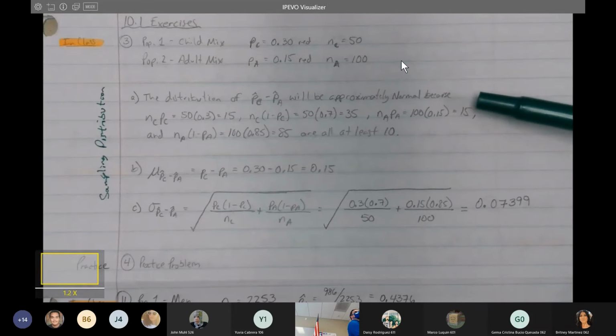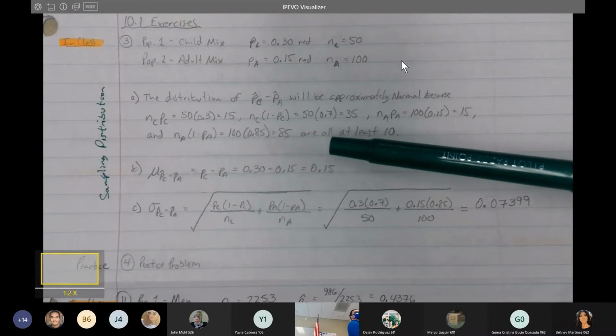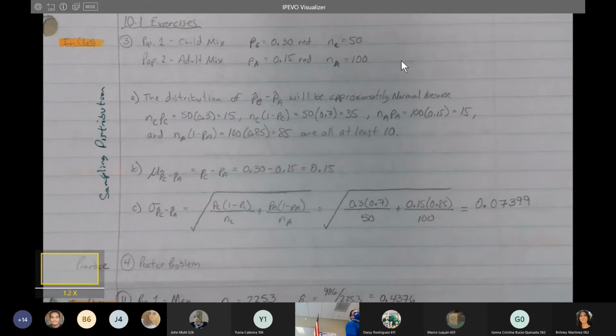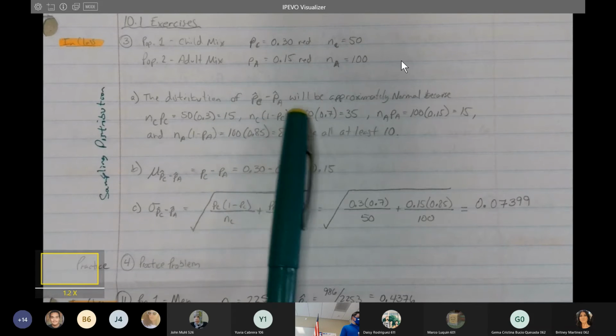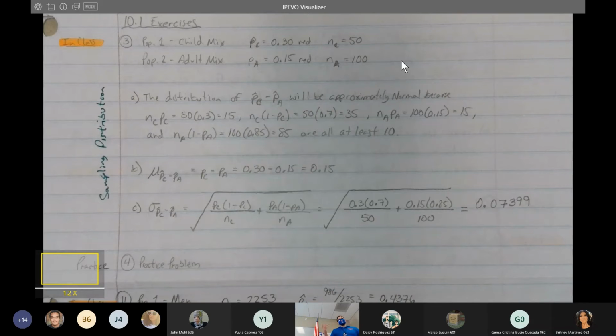Okay. Then the first question here, we need to check the normality, so to say, right? What's the shape of this distribution of p hat sub c minus p hat sub a? That's the notation I use. If you used p1 and p2, perfectly fine. I gave the parameters as p sub c and p sub a.